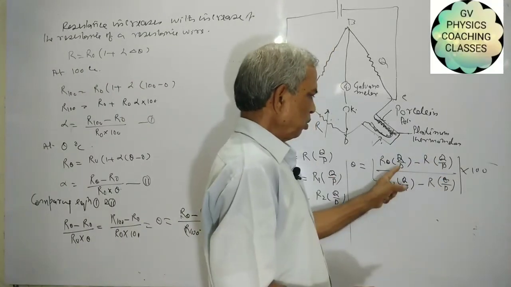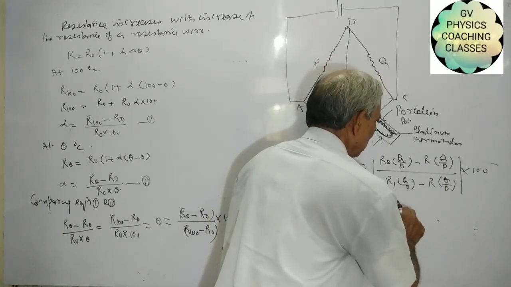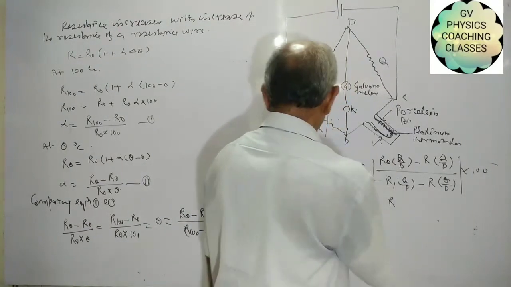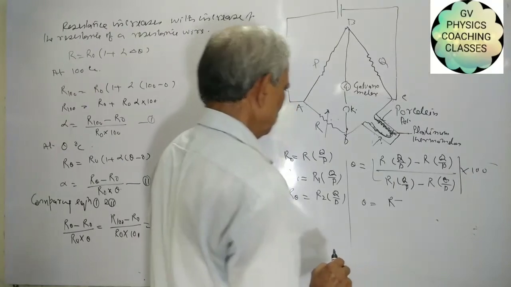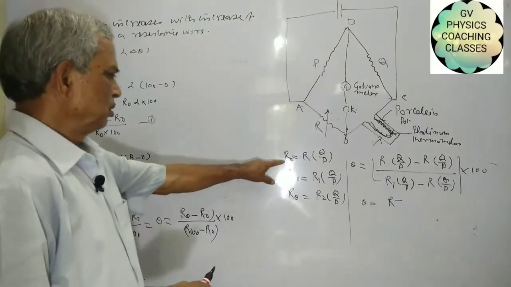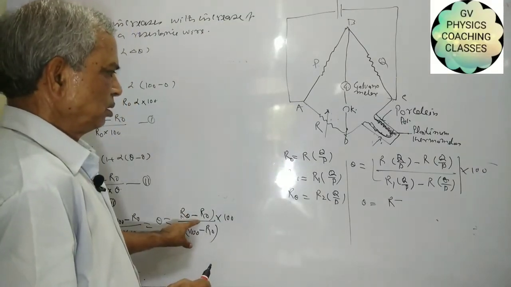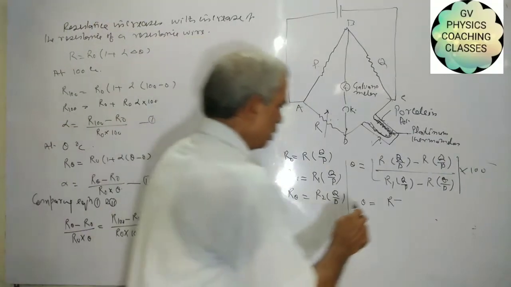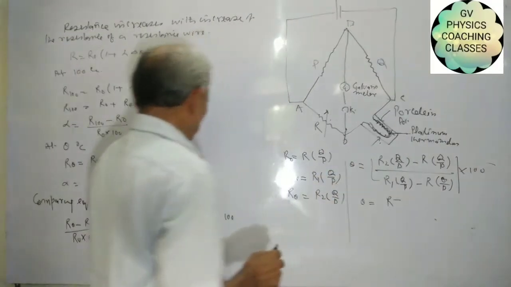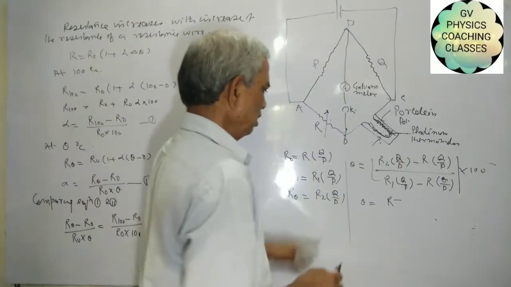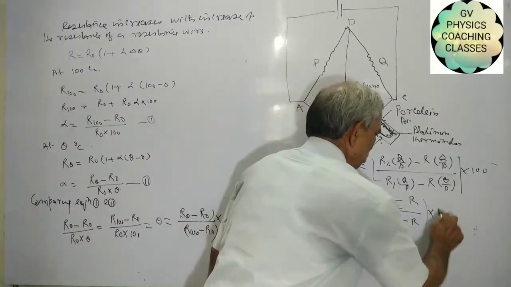Then Q upon P cancels out. Theta equals R2 minus R upon R1 minus R, into 100.